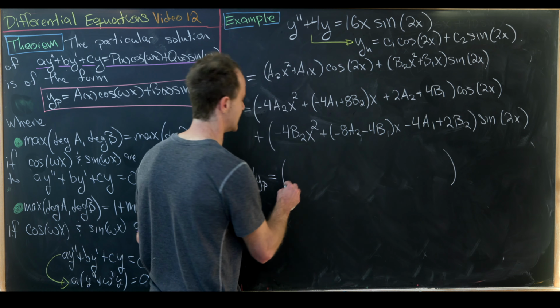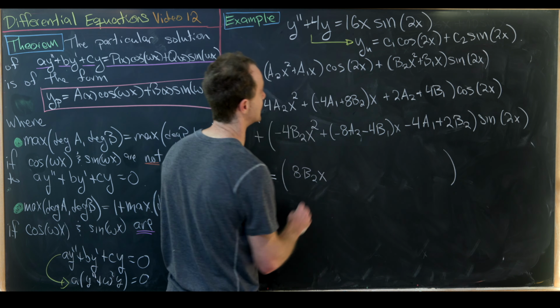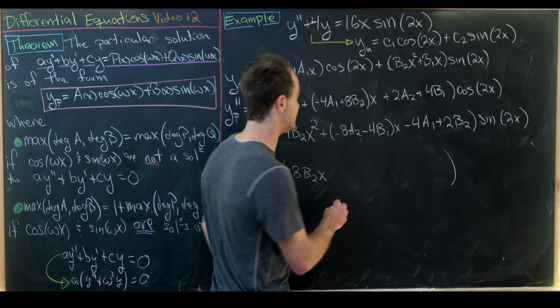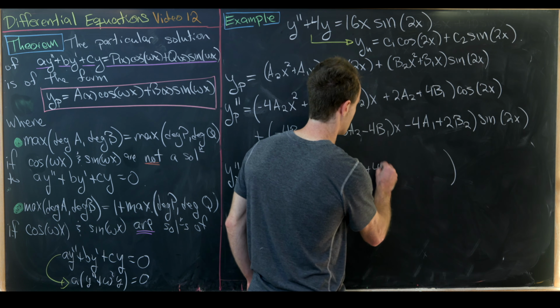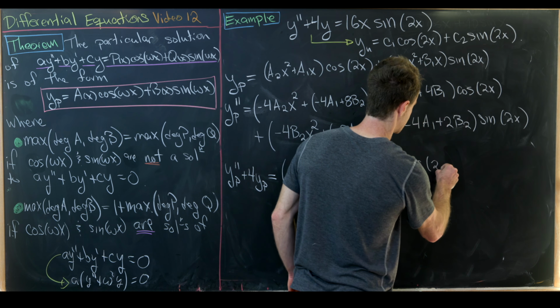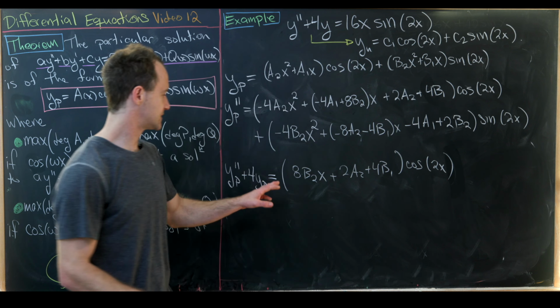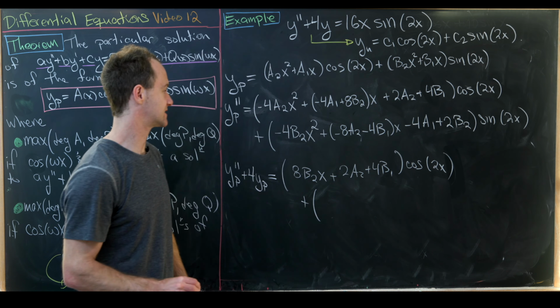So that's actually quite nice. And then we'll have 8b2 times x, and then we'll have this as well. So plus 2a2 plus 4b1, and then I can move this over cosine 2x. Great. So now let's do the coefficient of sine 2x as well.